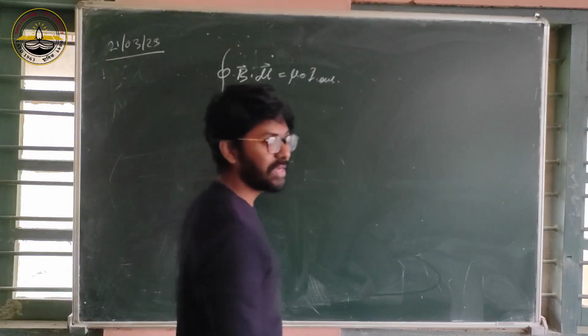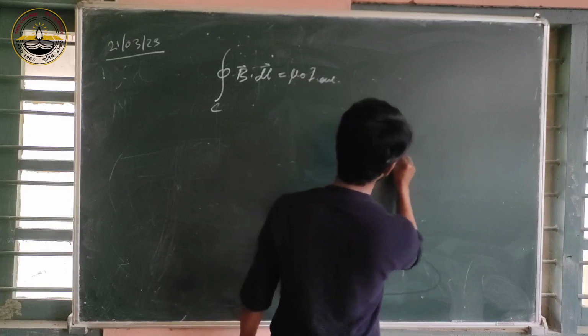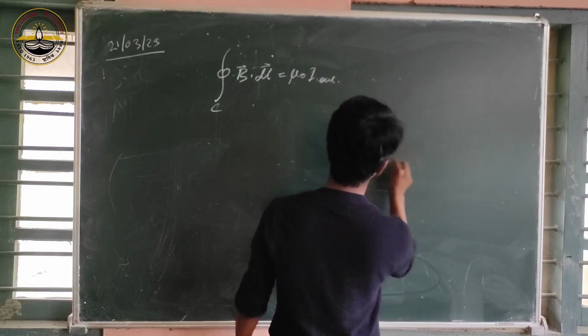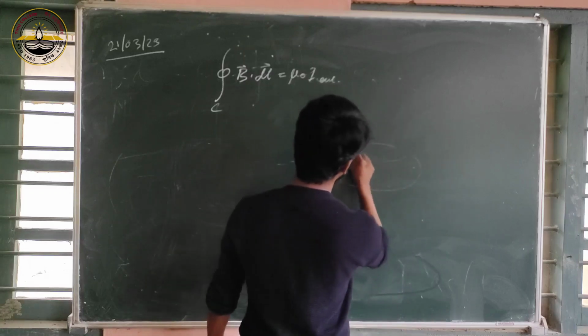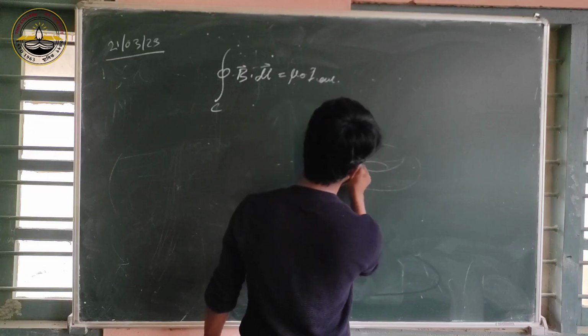I gave you a problem of finding the magnetic field of a torus. A torus is like this, a donut, you know.